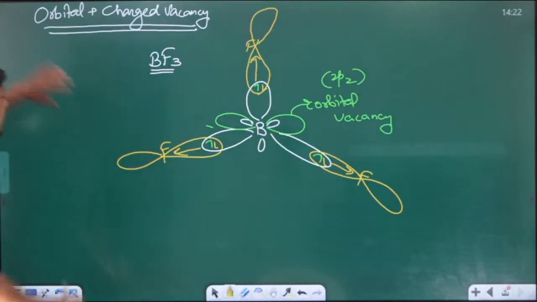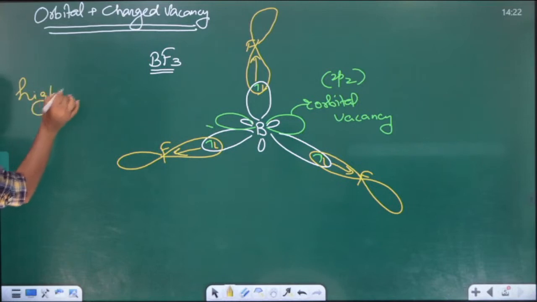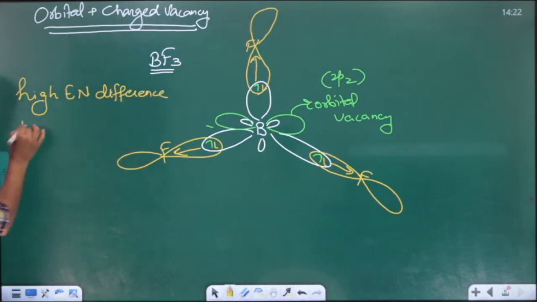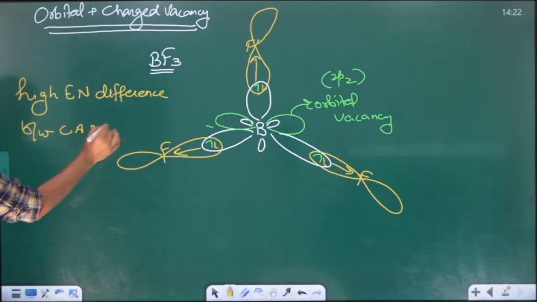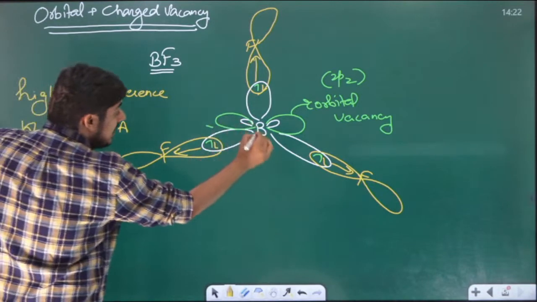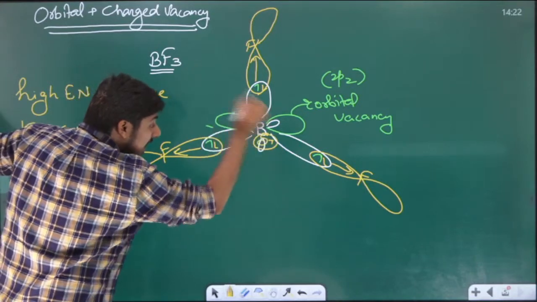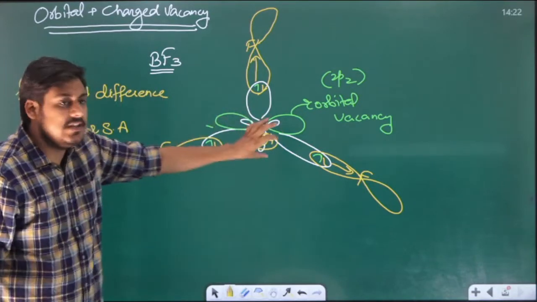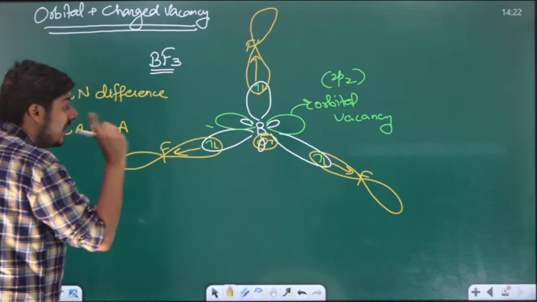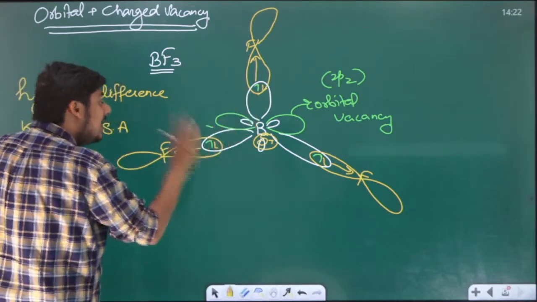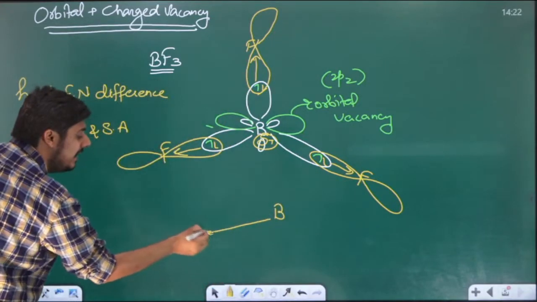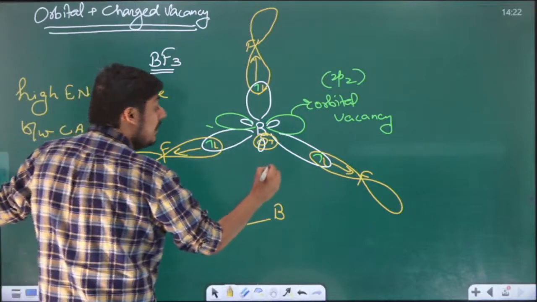This high electronegativity difference between the center atom and the surrounding atom will make boron have a high delta positive on it. Now along with this vacant orbital, there will be delta positive, there will be vacancy due to movement of these electrons. One thing, clearly visualize it: it has shared its electron density, and after sharing, these electrons have moved even farther away from boron, and that will make it feel more vacant.